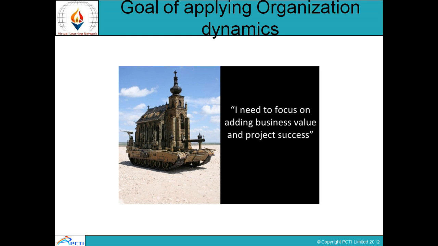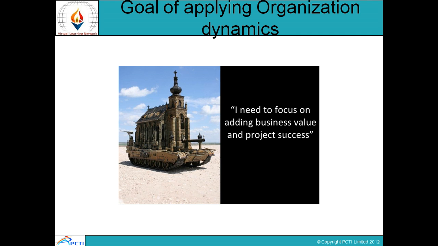The goal of applying organization dynamics is that if any organization wants to achieve its goals, then that organization has to focus on adding business value and project success.